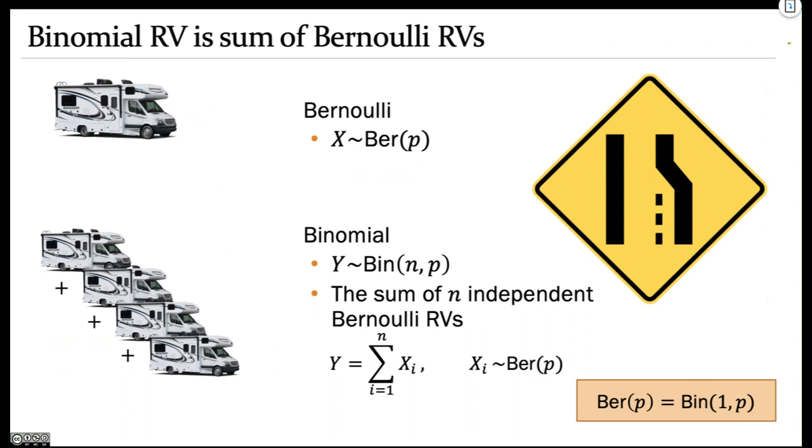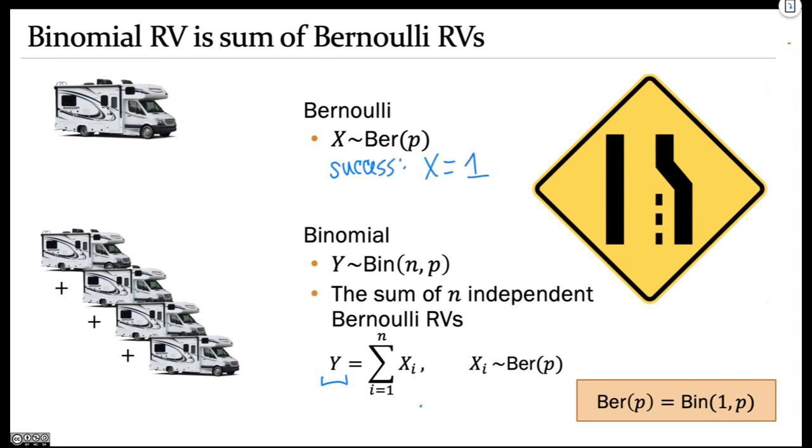All right, just pointing out that a binomial random variable is really a sum of Bernoulli random variables in the sense that when I'm counting the number of successes, I have defined a success here as when x is equal to 1.